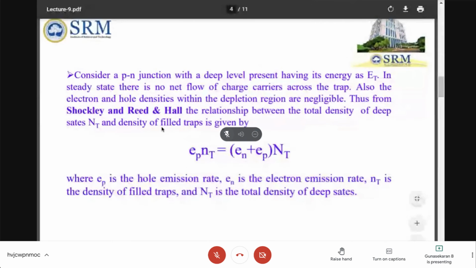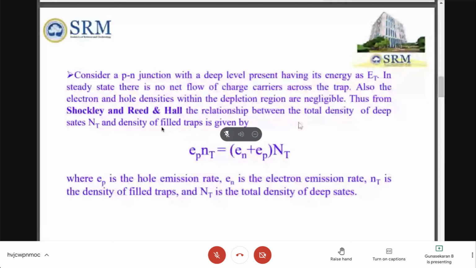Then in the same PN junction, when you go to the deep level, according to Shockley and Read, they give some expressions here. That is the product of the hole emission rate and the filled rate. So the density of the filled traps is equal to Ep plus En of Nt.